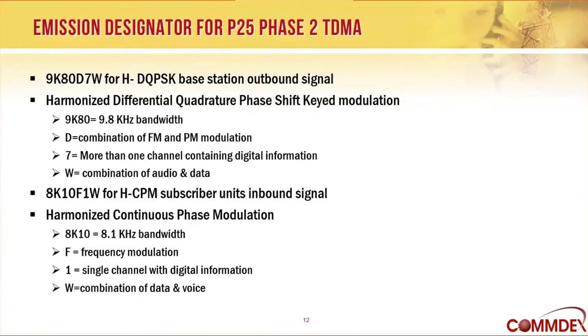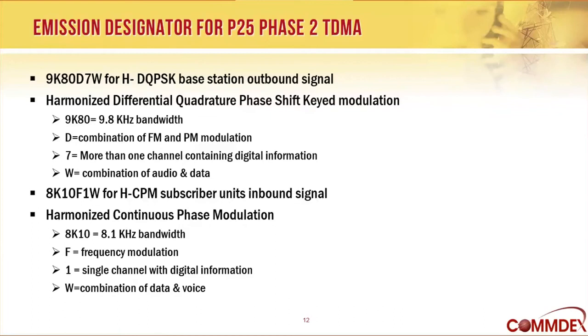The 9K80 means it takes a 9.8 kilohertz bandwidth, so it's not as wide as the phase 1 signal. D means it uses a combination of FM and phase modulation. The 7 means more than one channel containing digital information. So that describes the fact that with TDMA, it provides more than one channel of information. And the W tells you it's a combination of audio and data being carried.